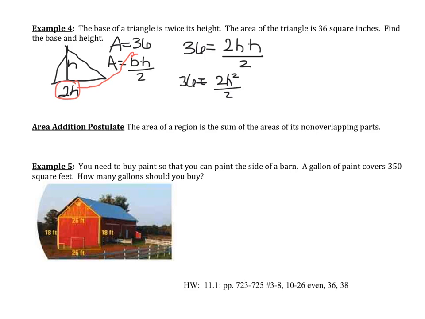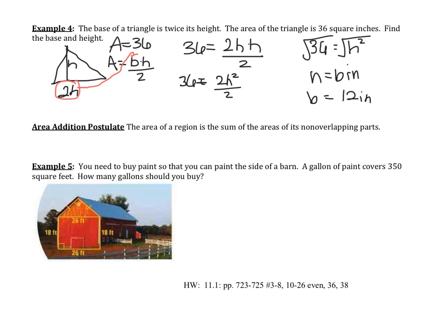So I'm going to write this up here. I've got 36 is equal to H squared. Take the square root of both sides, and the square root of 36 is 6. So if H is 6, which is my height, this should be 6 inches. That's my height. That means my base is 2 times 6, which is 12 inches.